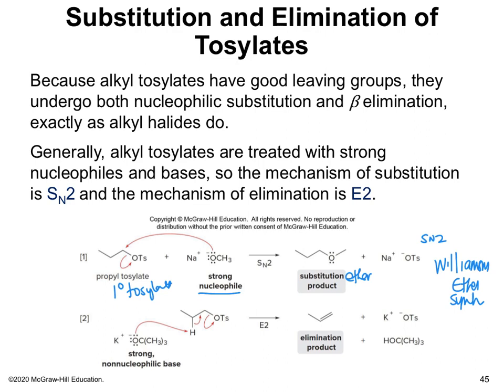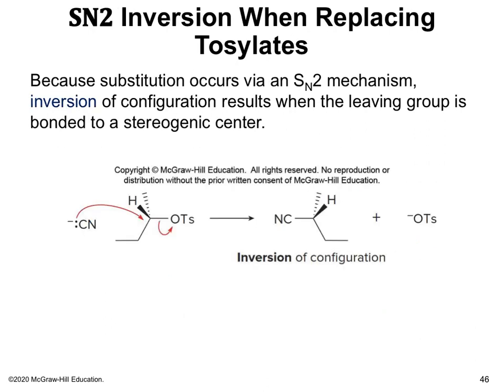Here, this is a non-nucleophile. So it's a strong base, but it's not a nucleophile. So even though you have a primary alkyl leaving group, because you don't have a nucleophile, but you have a strong base, you're going to get an E2. You get SN2 inversion when you replace the tosylate, because this is a great leaving group.